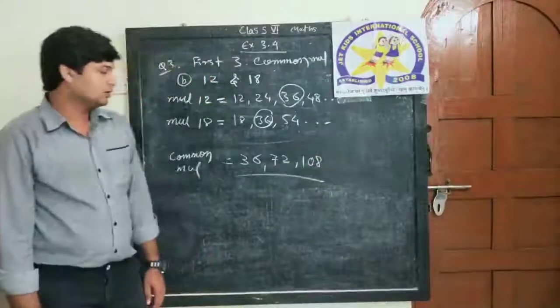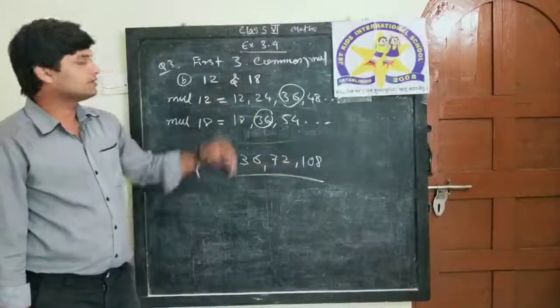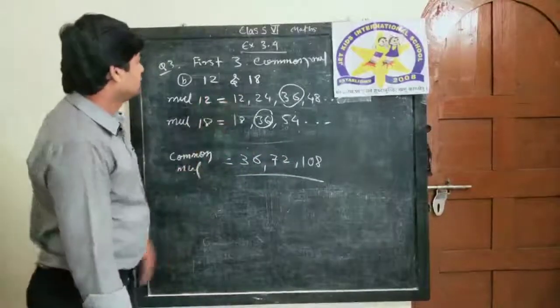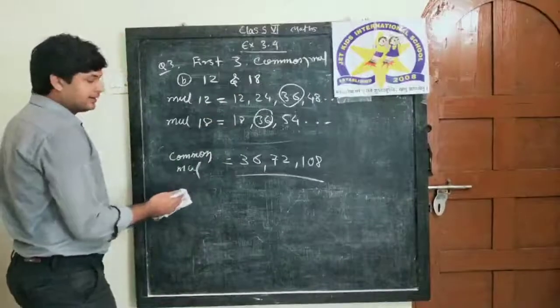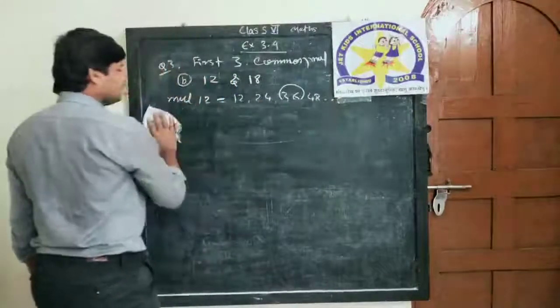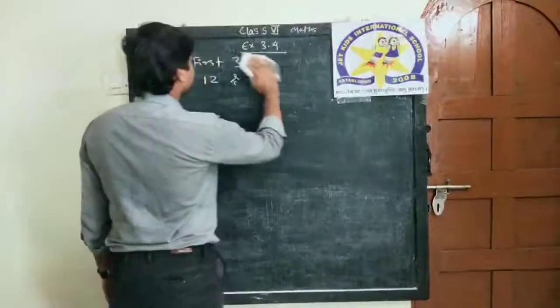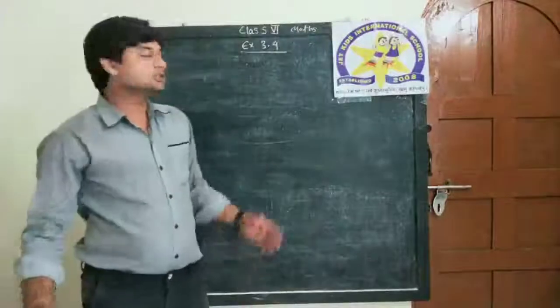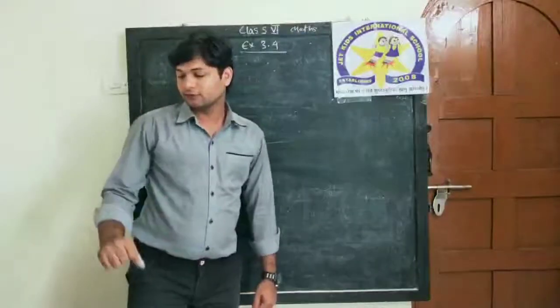Clear? This is how you find the first three common multiples of 12 and 18. Take a snap. You can solve other questions for better understanding and fluency.